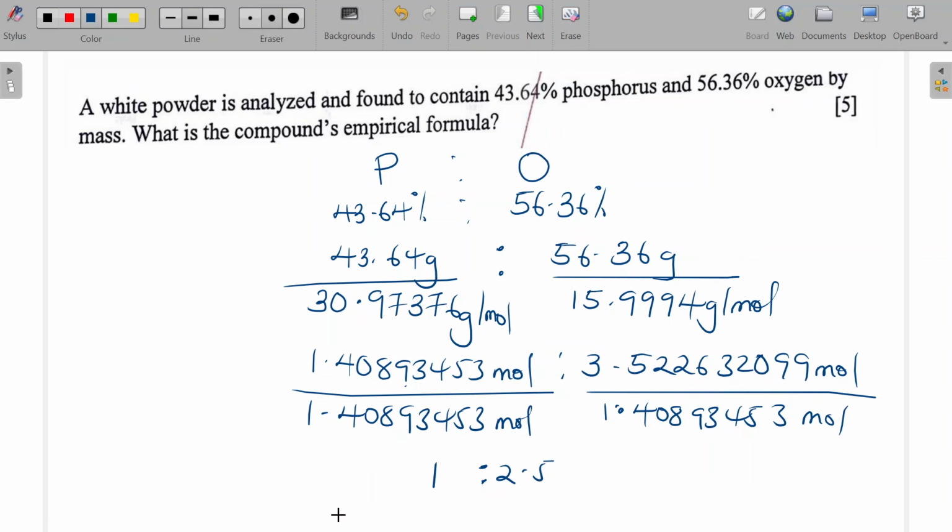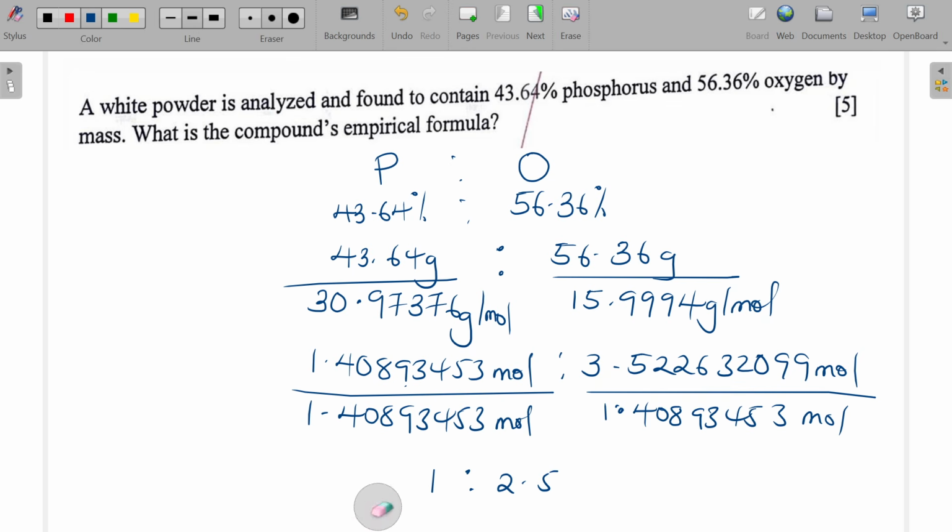So now I have 1 to 2.5. I know it's continuous, but if I round it off, it will be 2.5. So I've rounded it off, that's why I've left it here.